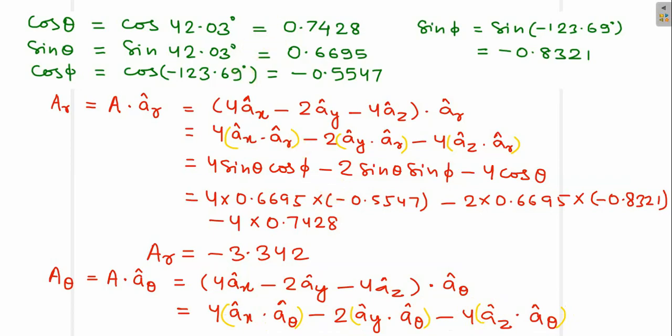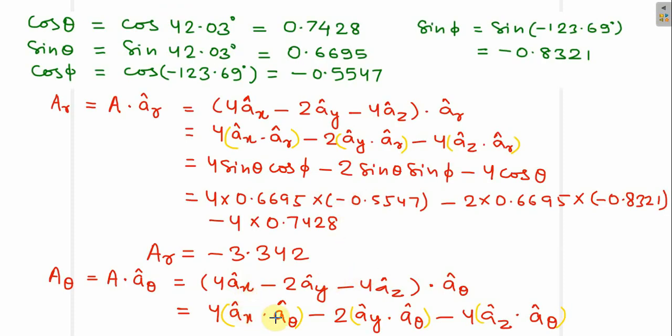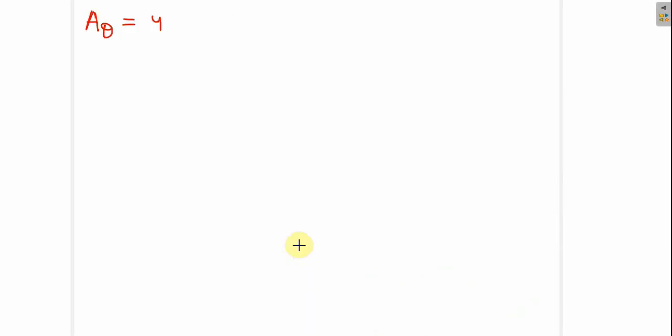So if I recall, then A theta would be 4 times ax dot a theta, which is, sorry, cos theta cos phi.